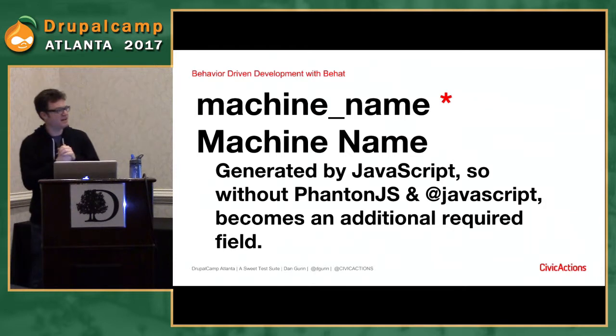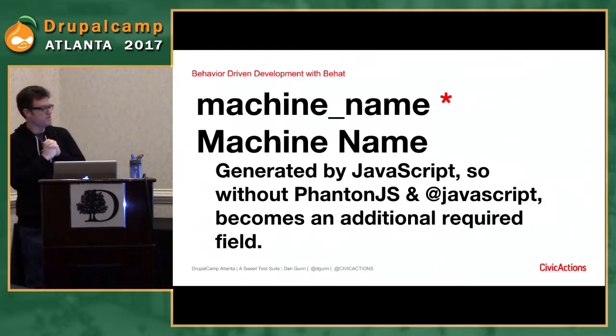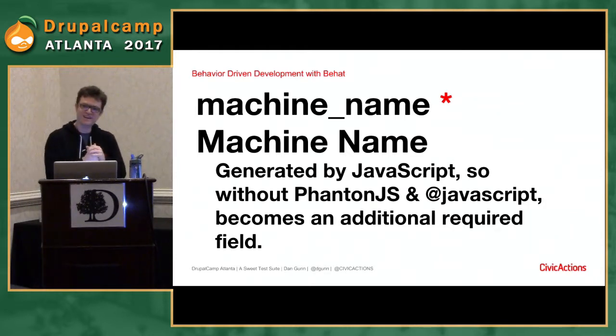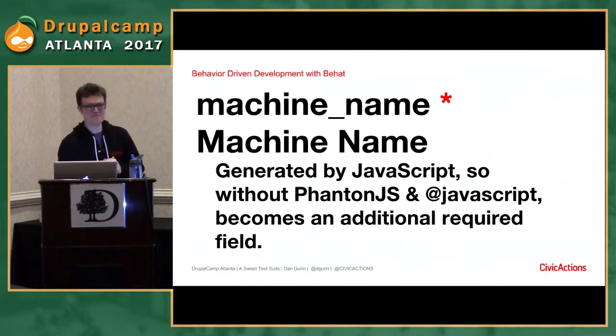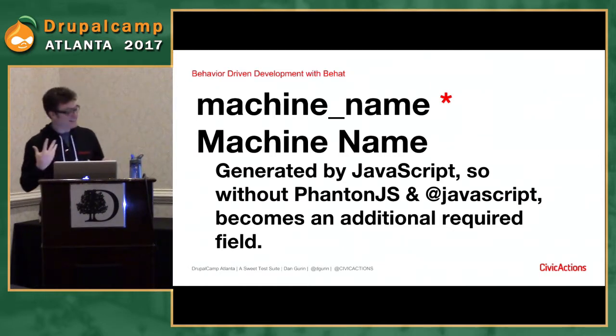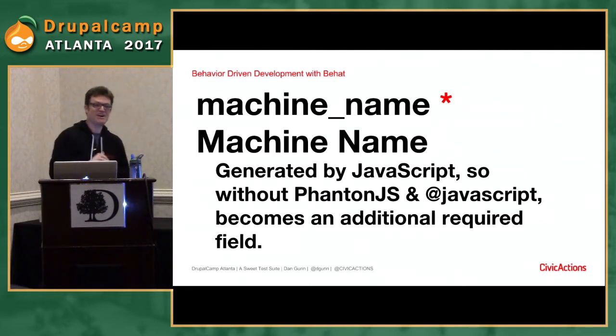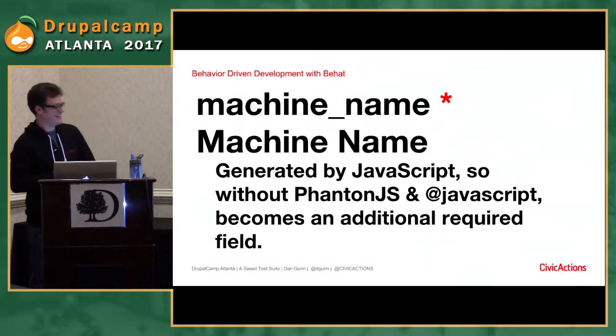And so if you don't have JavaScript running with a Behat test, you have to fill in the machine name as one of your steps. So it'll fail silently, and you'll be wondering why it's not working. Maybe that's it. Hopefully I can save years of time between everyone here on that one.